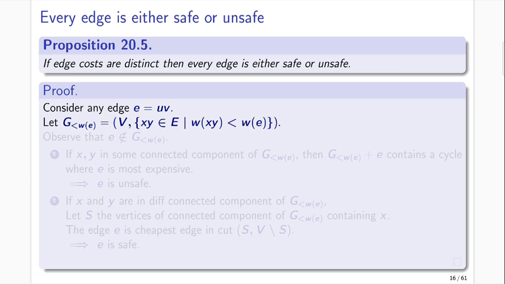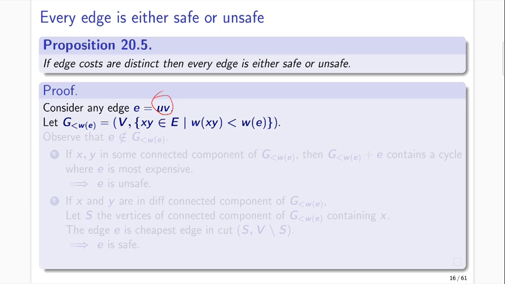But first, let's prove a claim. Every edge in the graph is either safe or unsafe. Okay, so let's try and prove it. Let's look at any edge e and assume that its endpoints are u, v.